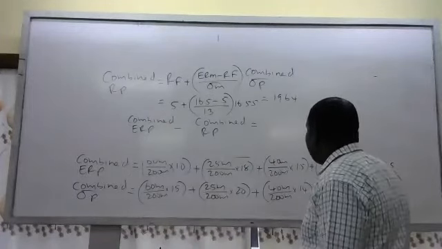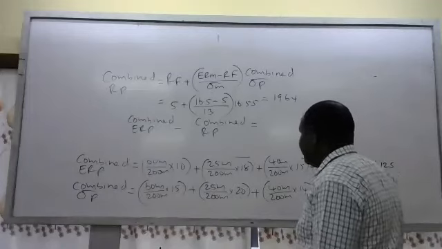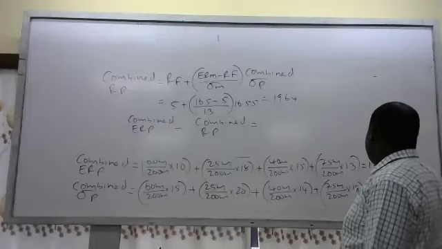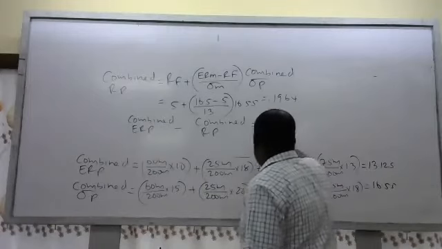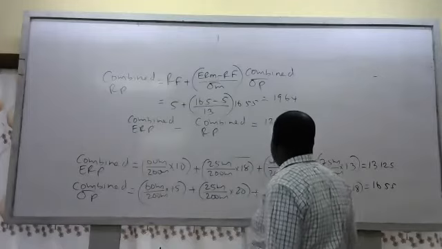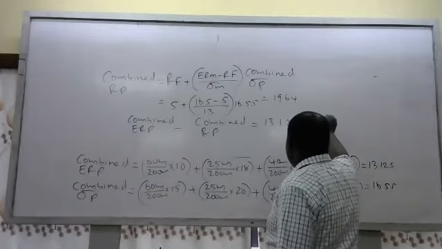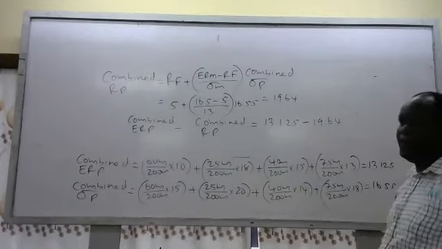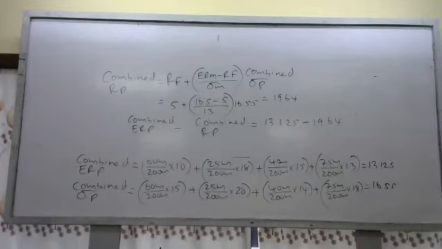You can see the combined expected return, we got 13.125, against 19 points. So it is inefficient. You can see the combined expected return is greater than the return for the portfolio. So overall is also inefficient.